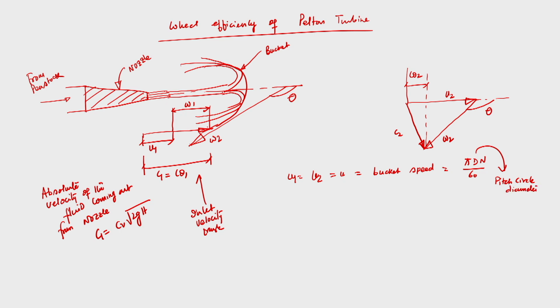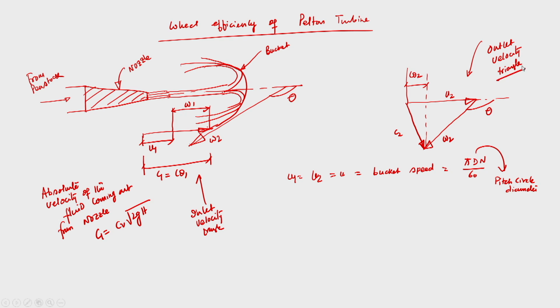So pi d n by 60 is the blade speed, the bucket speed, and d is the pitch circle diameter. We have drawn the inlet velocity triangle, and this is the outlet velocity triangle.